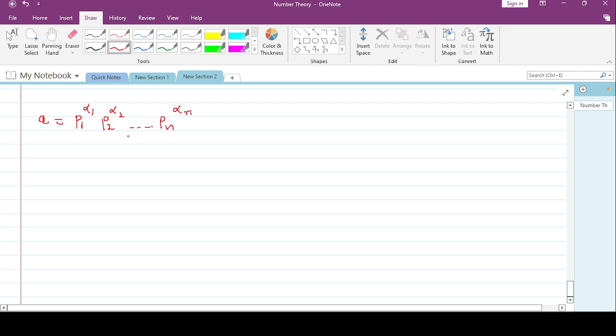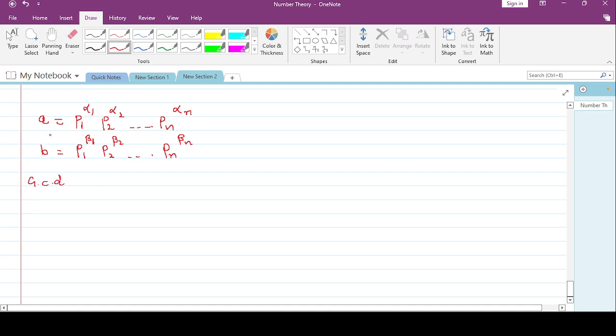And suppose that you have another number B, which is expressed like this: p1 raised to the power beta 1, p2 raised to the power beta 2, and so on, pn raised to the power beta n.